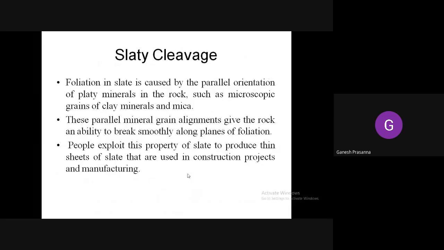That cleavage itself is called slaty cleavage, wherein the parallel orientation of the platy minerals in the rock can be seen in a microscope. Usually two micas are perpendicular to one another, but in slate, the micas are parallel to one another.